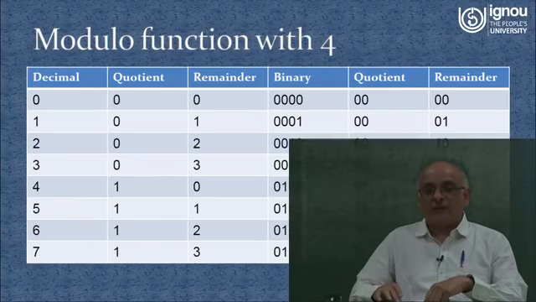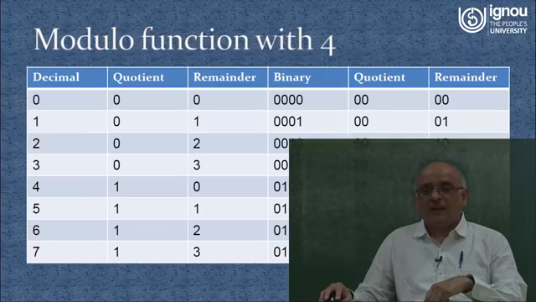So only 4 teams, 0, 0, 0, 1, 1, 0 and 1, 1, can be allotted to this particular room 0, 0. That can be identified simply by breaking this address into 2 parts: the first 2 bits and the last 2 bits. The first part becomes the tag number, which identifies which of the teams it is.